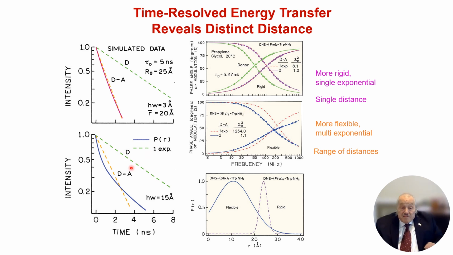But if the distribution is wider, then we know we have this more complex decay, which is from all of the donor to acceptor distances. So we expect a more complex frequency response, and it will not be fit by a single exponential. So the experiment is really to take this type of data for the whole range of donor to acceptor distances, and then back calculate the donor to acceptor distance.